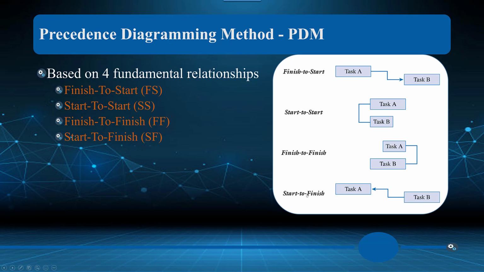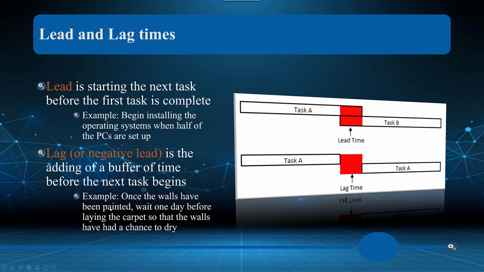And then start to finish, which we don't see much, which is the starting of one precedence on the finish of the other. It's similar to finish to start. And of course, normally with Gantt charts and PERT charts, we're reading from left to right, not top to bottom, okay? So that's how we're used to reading, if you will.